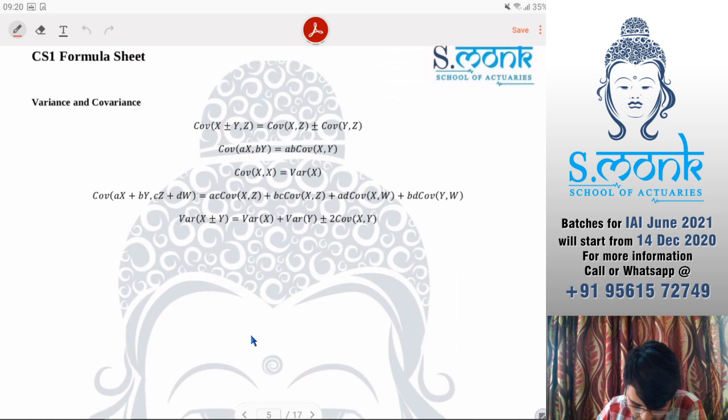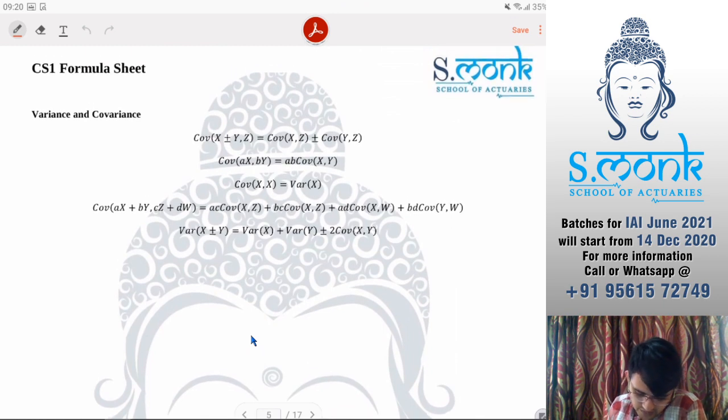Here, the covariance of x plus or minus y, you can separate into covariances individually. Whenever you have constants multiplied, constants come out of the covariance. Covariance of the same variable gives you nothing but the variance.